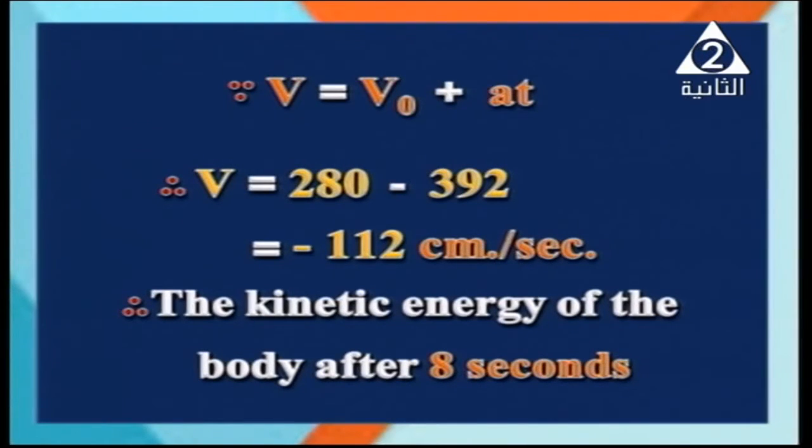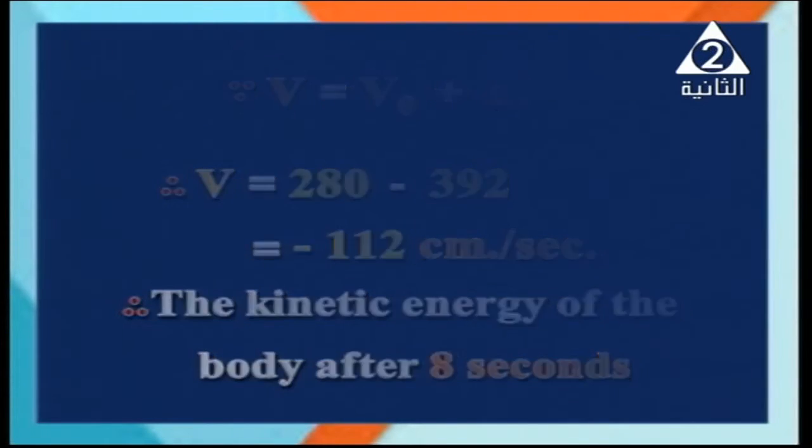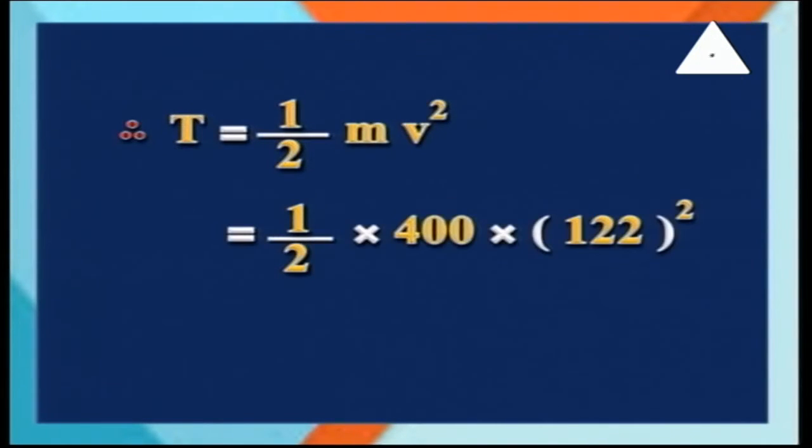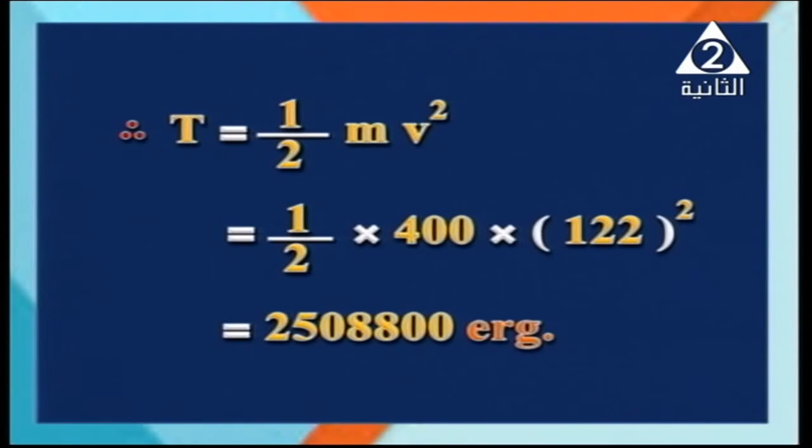Therefore, the kinetic energy of the body after 8 seconds, my dear student, T equals half mv squared. In this case, m equals 400 gram, v equals 112, squared. Therefore, the answer is 2,508,800 erg.